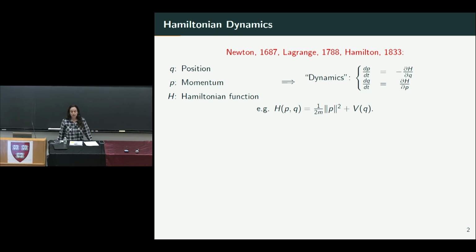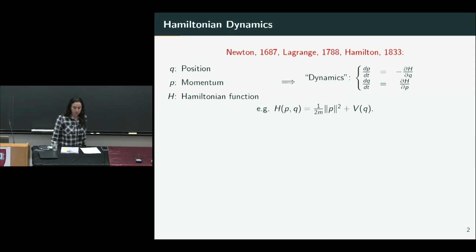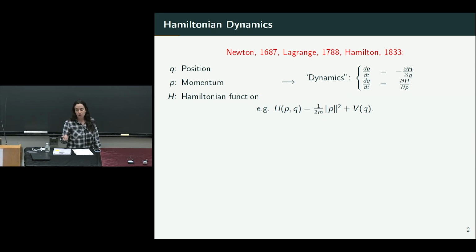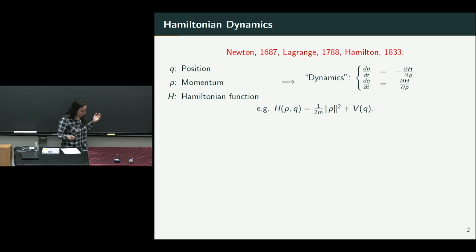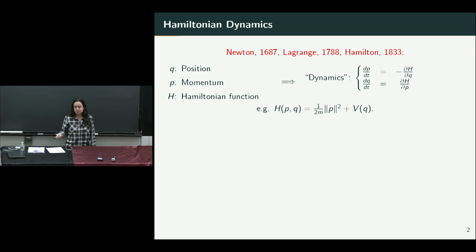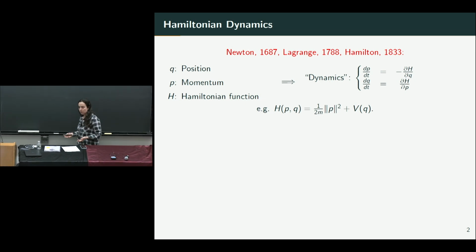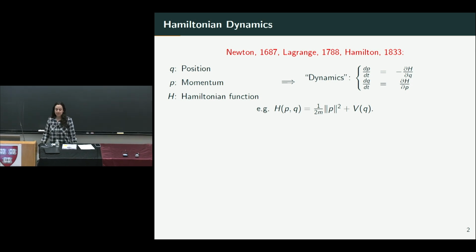And then the Hamiltonian equations will describe the evolution of the system throughout time, and it will give us a flow on the space.